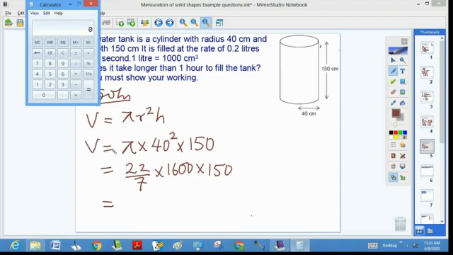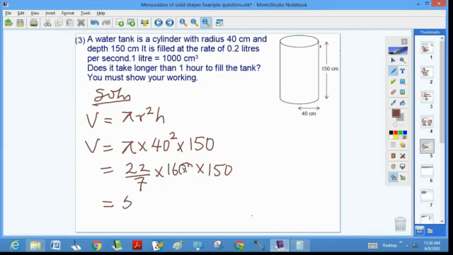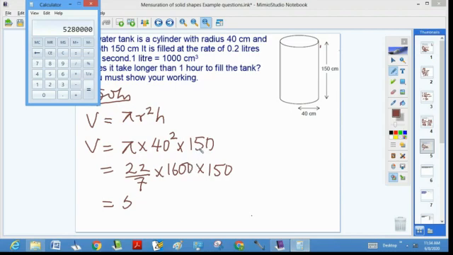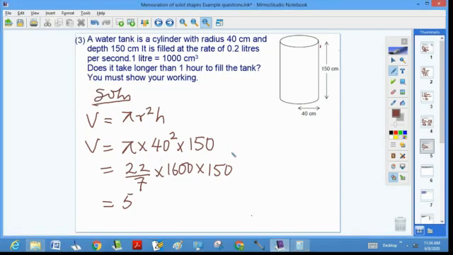Using our calculator, we have 22 times 1600 times 150, and that will give us exactly 5,280,000 divided by 7. So that is in centimeter cube.